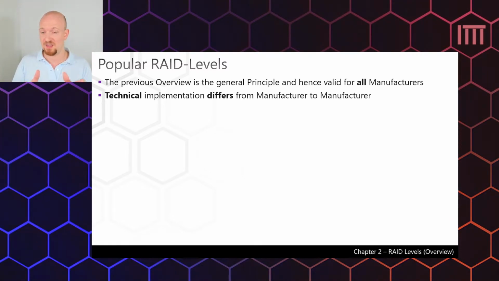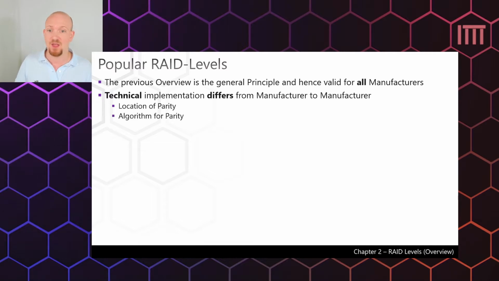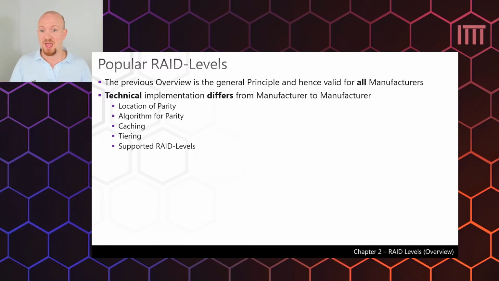So if you have like a HP SAN or NAS, it will handle the actual storage of the bits or bytes differently than like a Hitachi SAN or NAS. There are various things which can differ from manufacturer to manufacturer, like the location of the parity or the algorithm used to calculate the parity. Caching can be different. Some may support tiering and others may not. And the supported RAID levels on a device may differ as well.